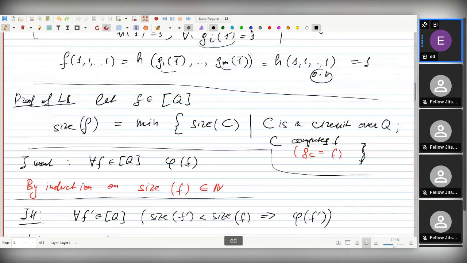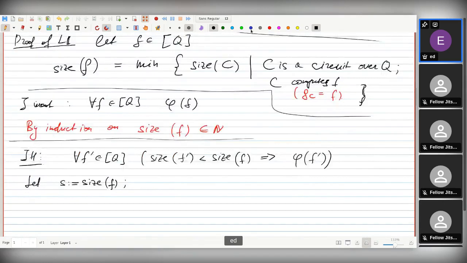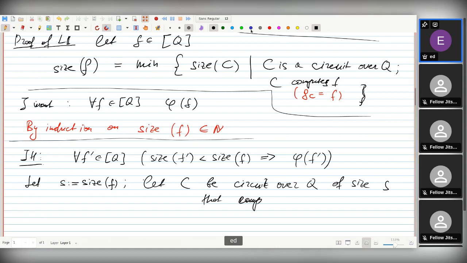By the definition of size, we know that there exists some circuit of this size computing f. So let C be a circuit over Q of size s. Of course, there exists one that computes f.